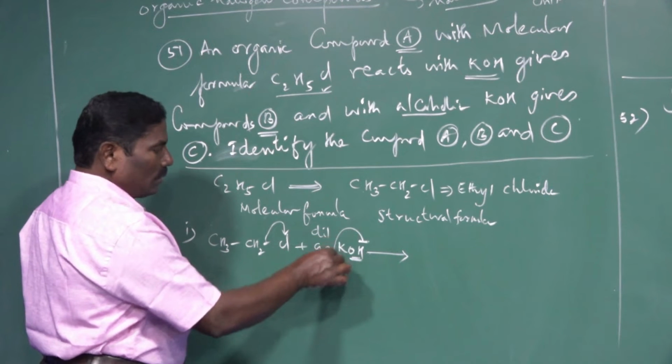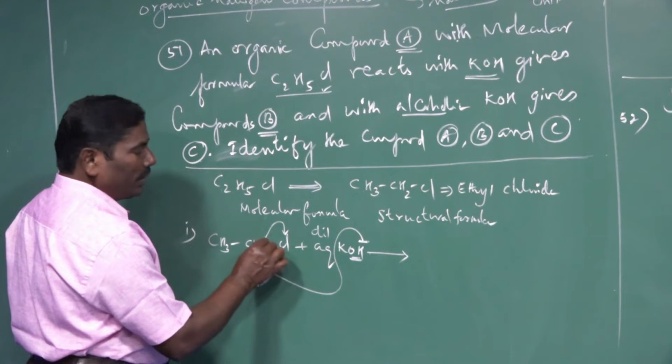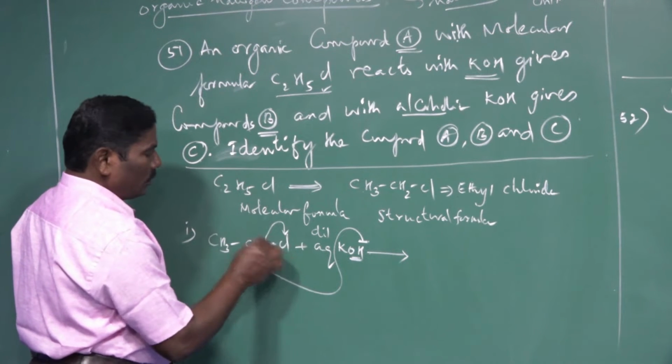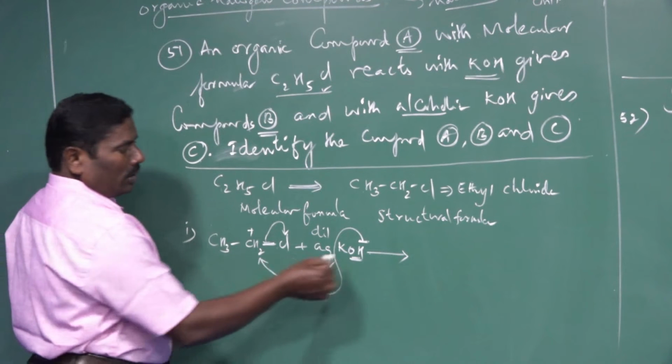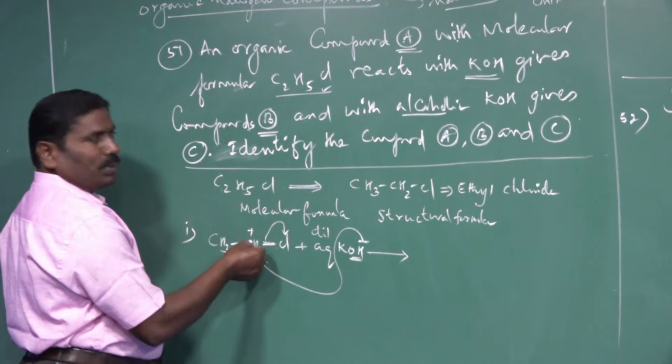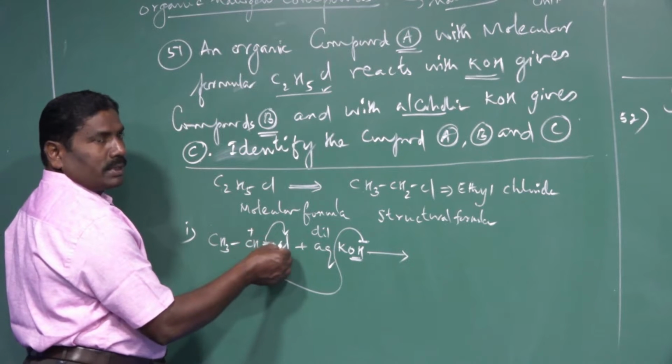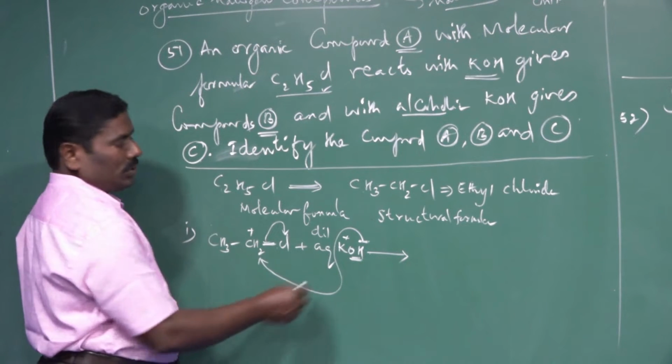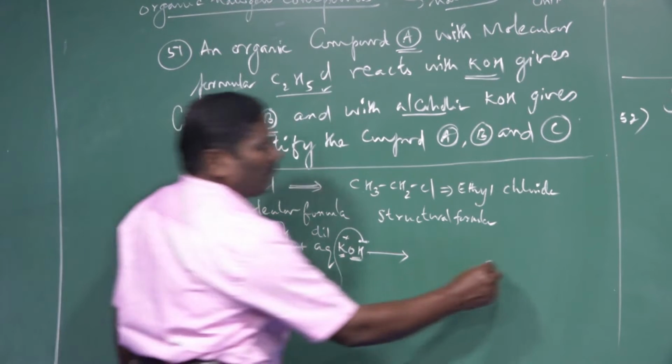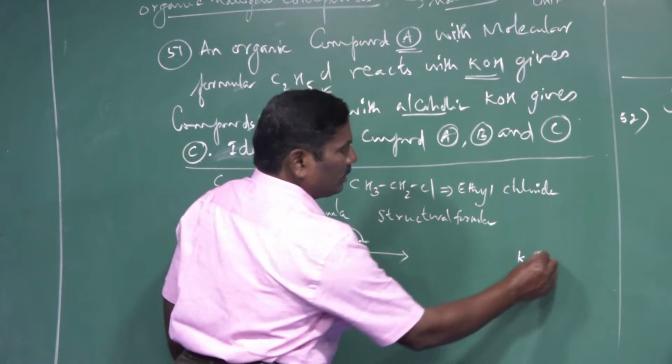This negative charge approaches the carbon carrying a positive charge, and the Cl minus approaches the positive charge of K plus. The product formed is called KCl.